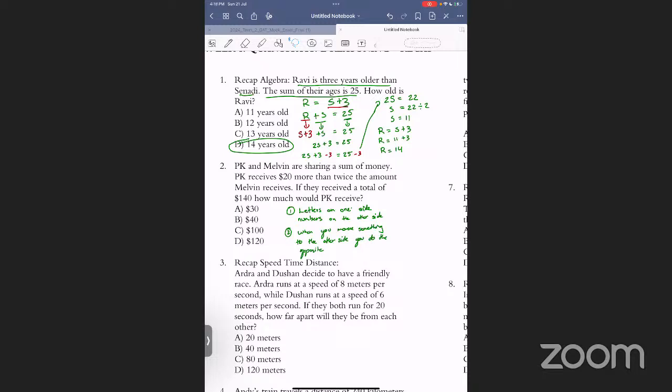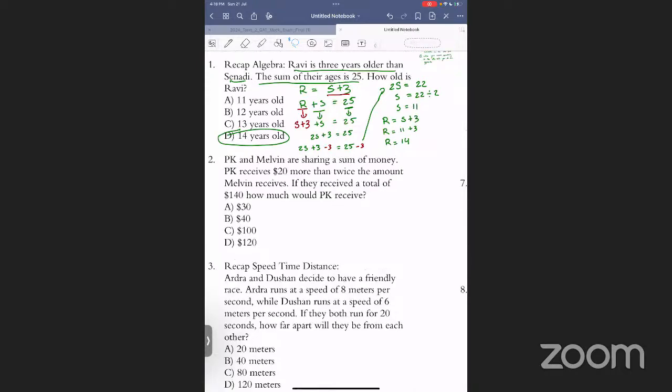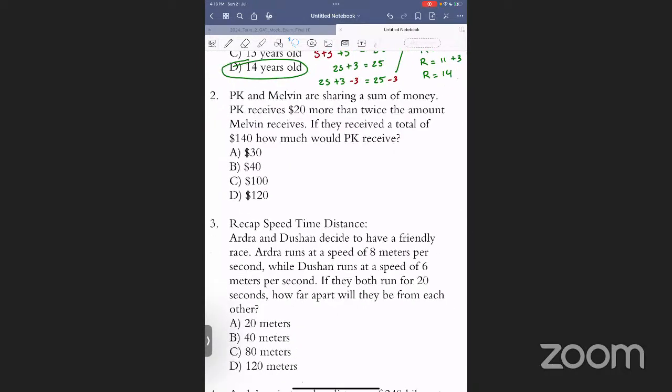Question number 2. So let me change this. Resize. Move that to the other side. Okay. So question number 2 is the exact same thing. It says PK and Melvin are sharing a sum of money. PK receives $20 more than twice the amount that Melvin receives.